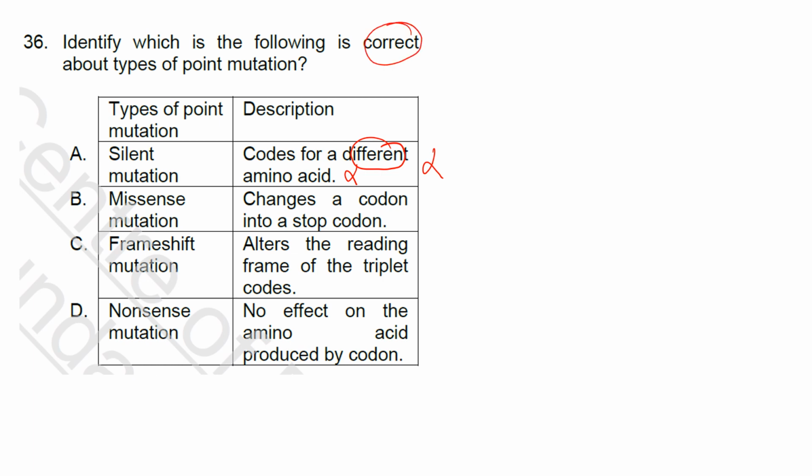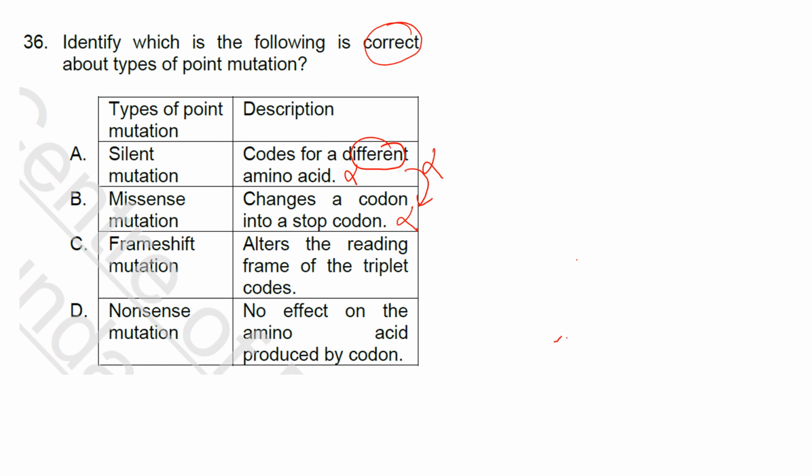Missense mutation changes a codon into a stop codon. This one is incorrect. If a missense mutation occurs, the change of codon will code for a different amino acid. So the statement given for silent mutation should actually go to missense mutation.